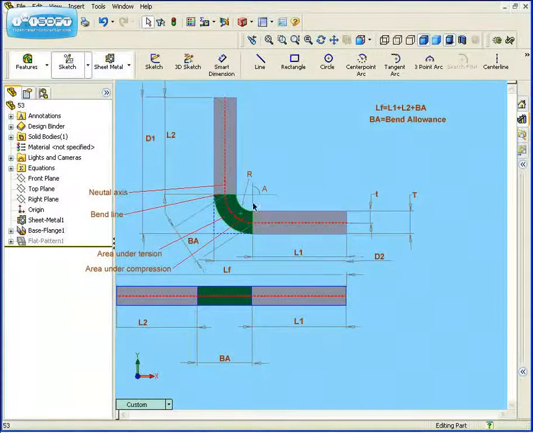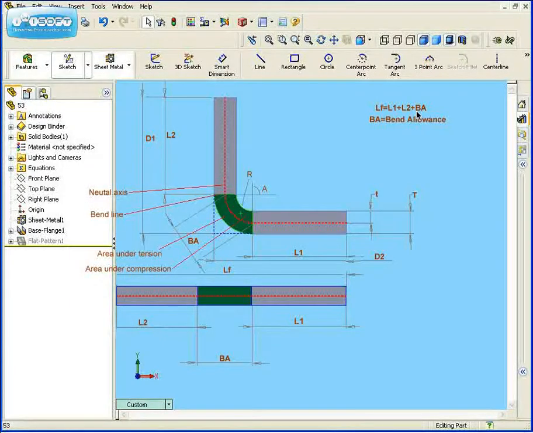The bend allowance region, here it's shown in green, is a region where, in theory, all deformation occurs during the bending process. Generally, bend allowance will be different for each combination of material type, material thickness, bend radius, bend angle, and different machining processes, machining types, machining speeds, and so on.